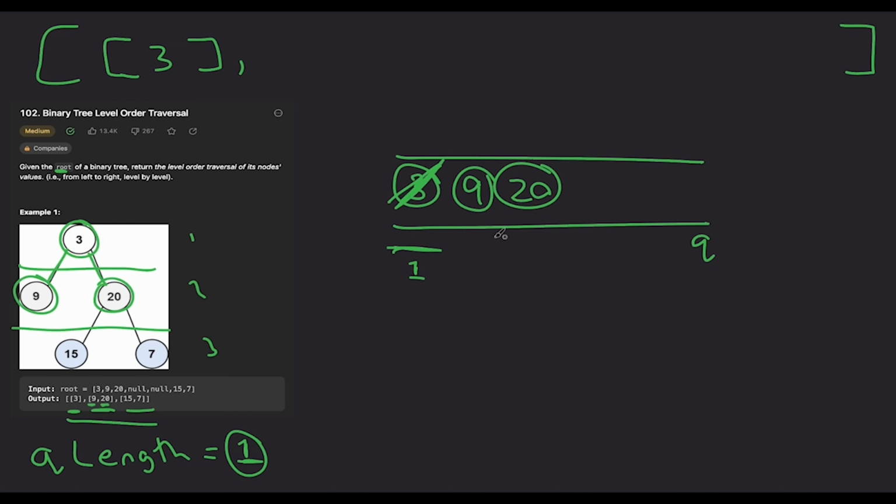So here we are at the top of the while loop, and we say, is the length of queue not equal to 0? Yes, it is not equal to 0. It's equal to 2. So what we'll do is we'll create a new array for the values to push, and we will reset the value of our queue length to equal 2. Why? Because there's 2 nodes at this level.